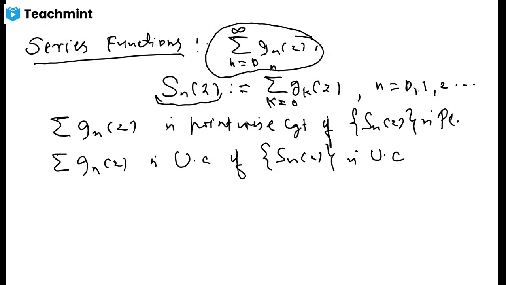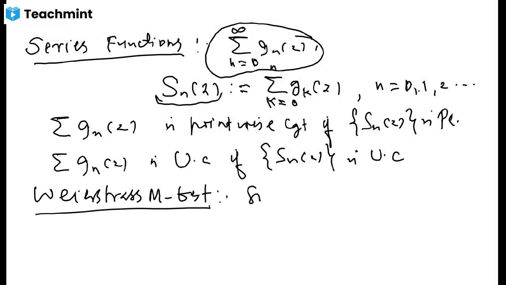But the new thing that we are going to give you here is the Weierstrass test, which is a test for uniform convergence of a given series. I will state it here. It says that suppose you have non-negative numbers M_n, and the series formed by these non-negative numbers is convergent.